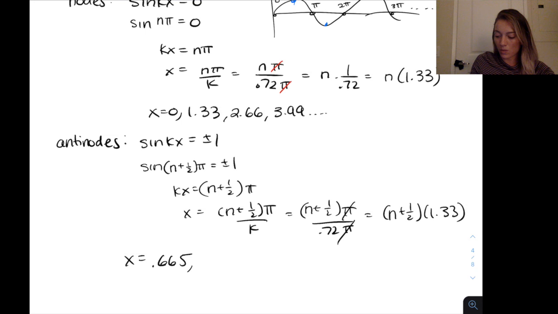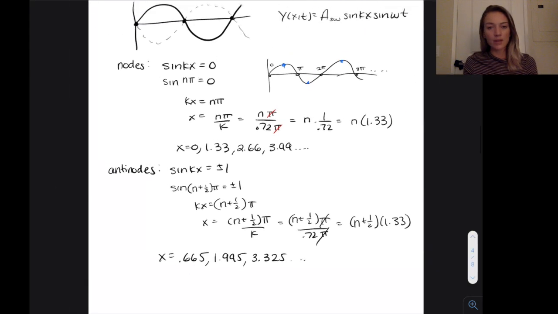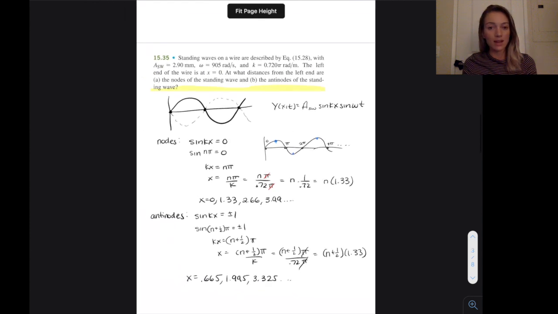That will give you 1.995, and then plug in 2 here, so you have 2 plus 1/2. That will give you 3.325, and again, so on, all to infinity. So that's how you calculate the location of a node and an antinode. You just want to find where sine kx is equal to 0 for a node and where it's equal to plus or minus 1 for an antinode.